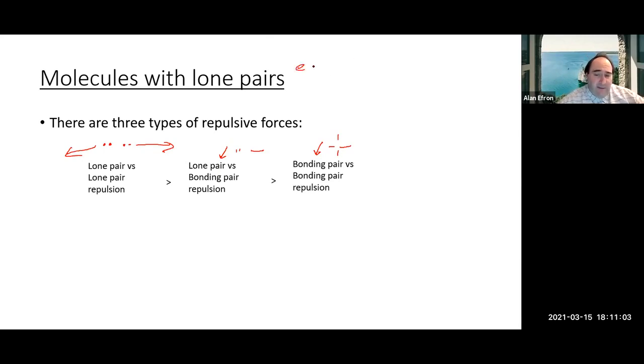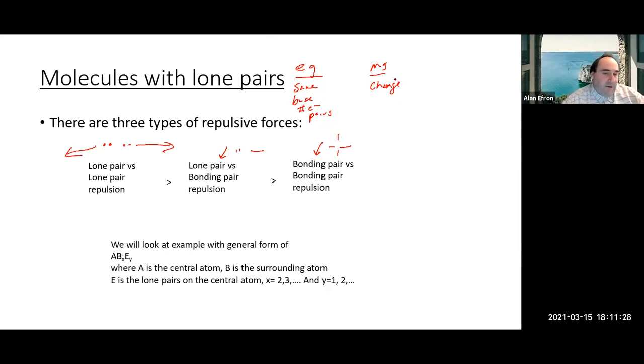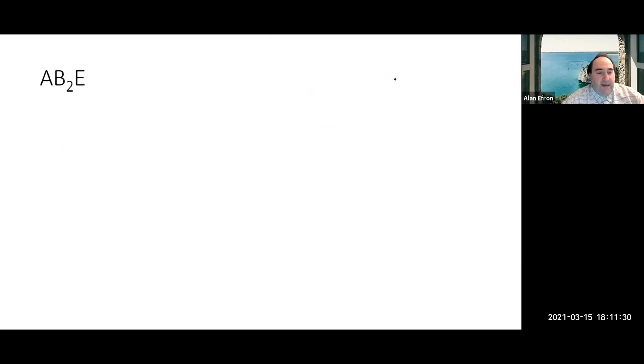The electron geometry name stays the same, because it is based on the number of electron pairs, but the molecular geometry name will change in this case. So when you draw your Lewis structures and you see those non-bonding electrons, they're going to change the molecular geometry name, but the electron pair geometry name will still be the same because there's still the same number of electron pairs around the central atom.